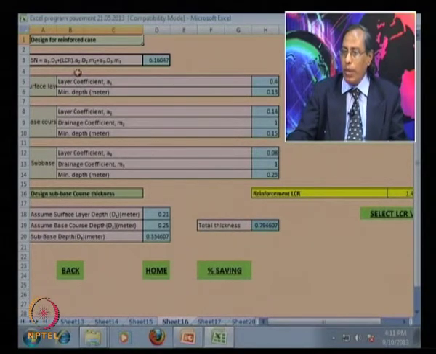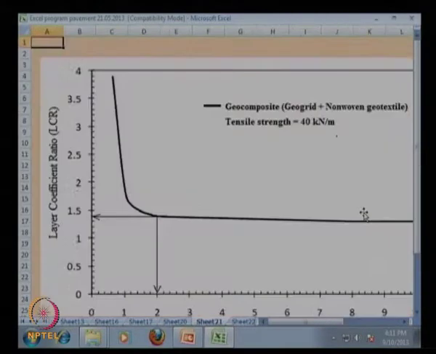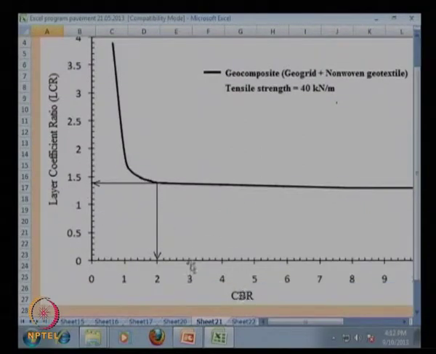This LCR you can calculate from this curve, which shows CBR versus layer coefficient ratio LCR for a geosynthetic material, which is a geocomposite material with a geogrid and non-woven geotextile, and tensile strength is 40 kilonewton per meter.